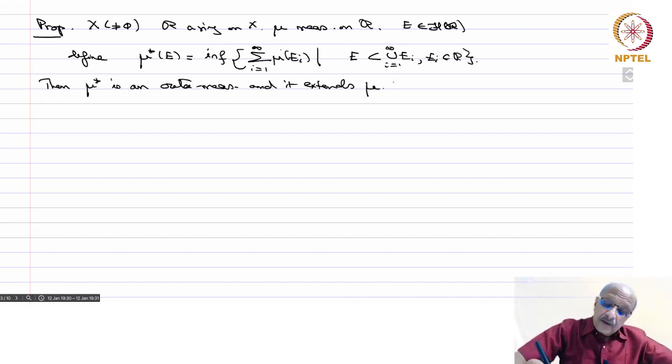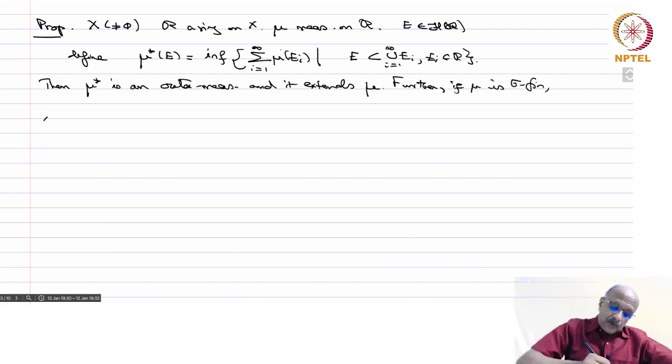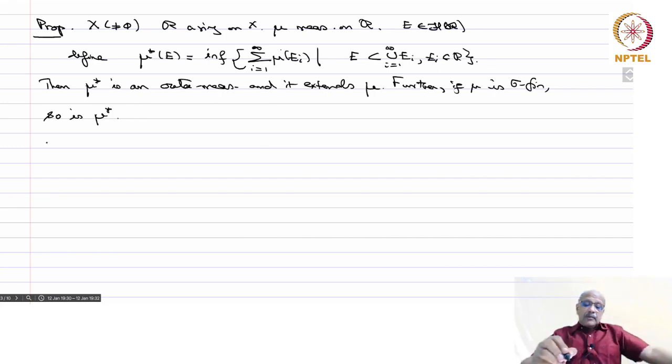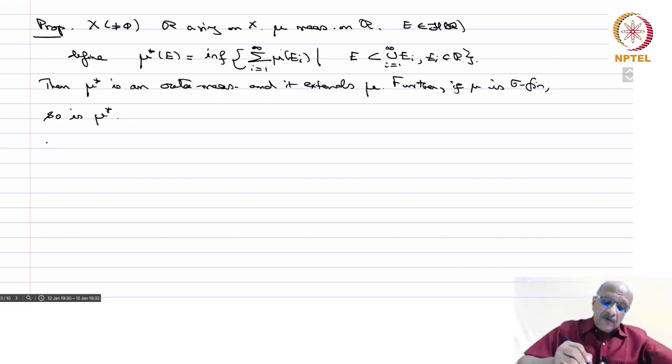Further, if mu is sigma finite, so is mu star. Okay, so this is the proposition. So the outer measure occurs very naturally from a measure.